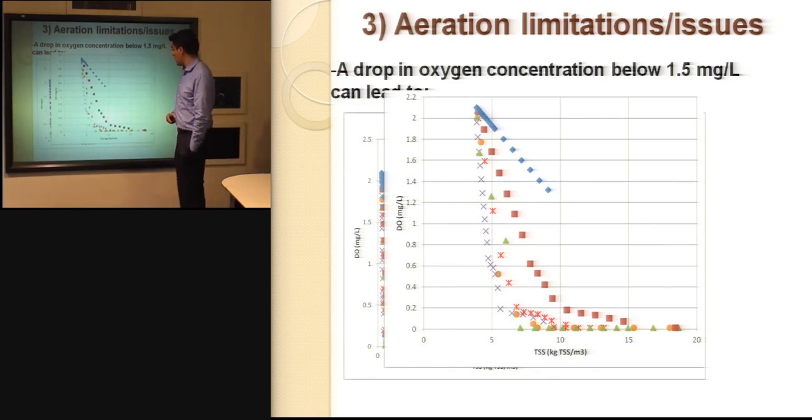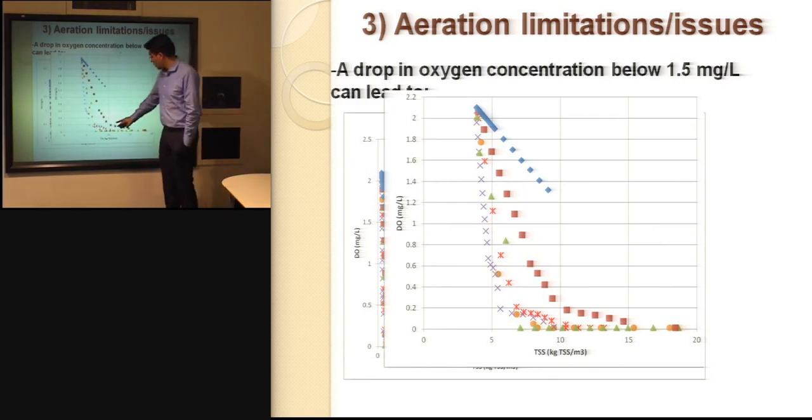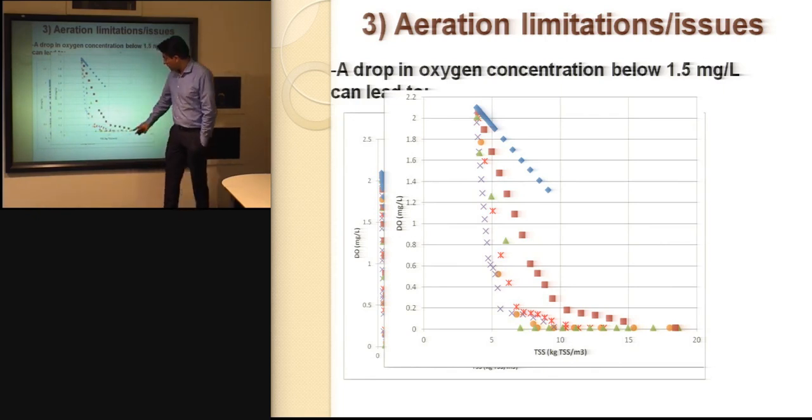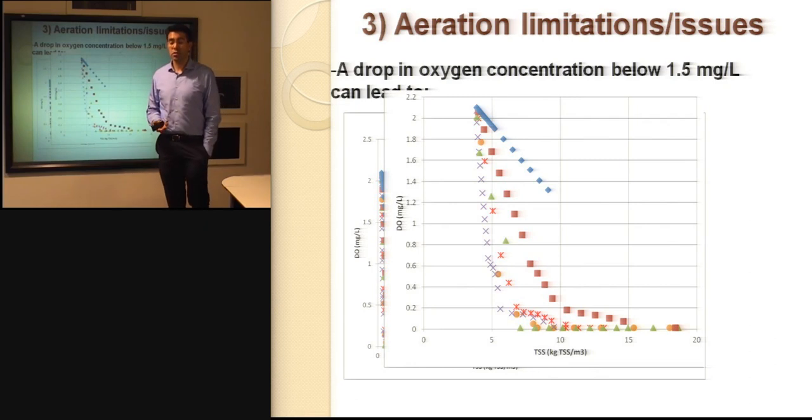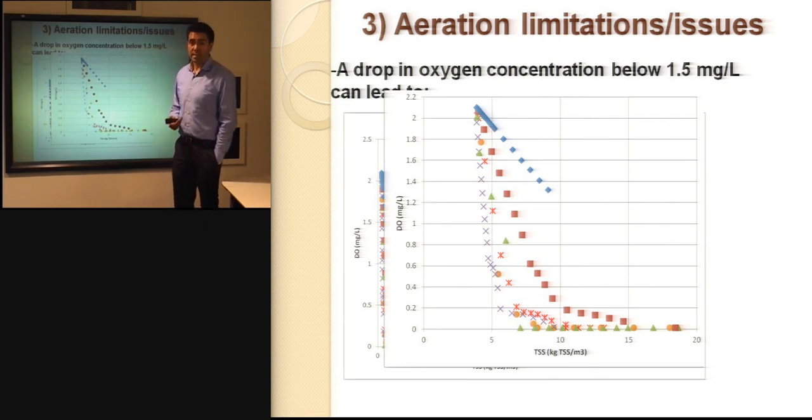And in some cases it can go even below 0.2 milligrams per liter with 10 kilograms of TSS per cubic meter. So already at very low discharge fractions of fecal sludge, the system may start to have limitations regarding the oxygen concentration that can be kept in the aerobic system.